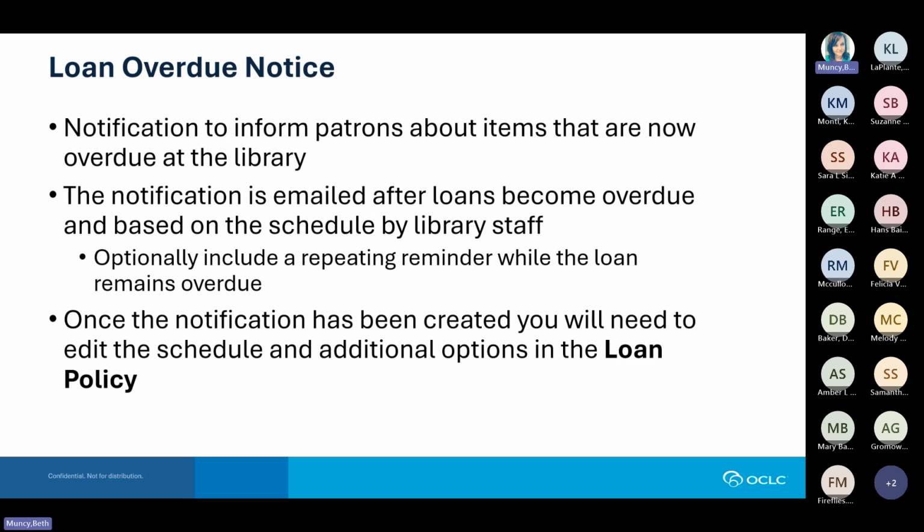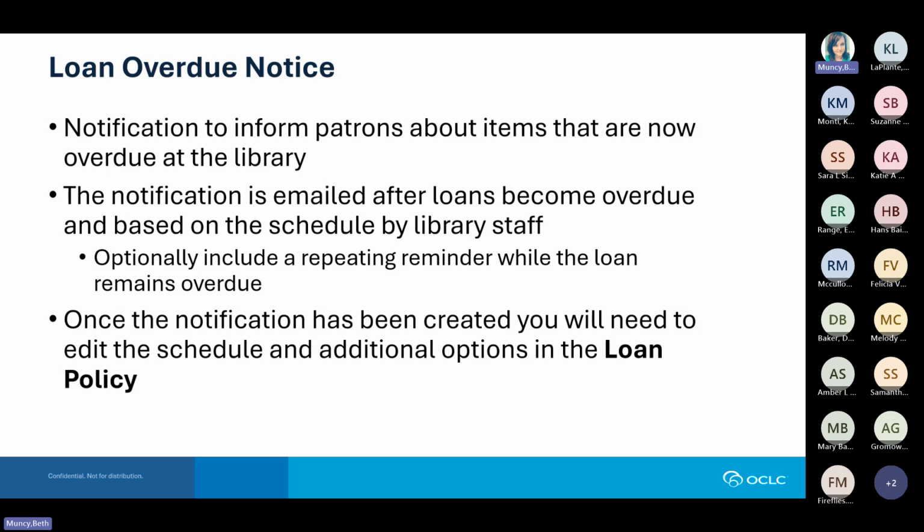The loan overdue notification, this is when the item is now overdue at the library, and so we want to send them a notification reminding them, hey, this item is now overdue. There may be fees, or however you would like to schedule those. Again, we can repeat this reminder using the same template.